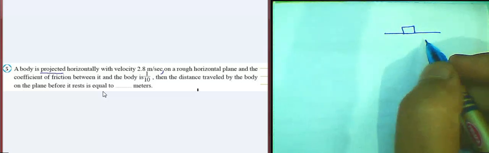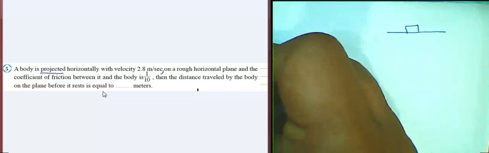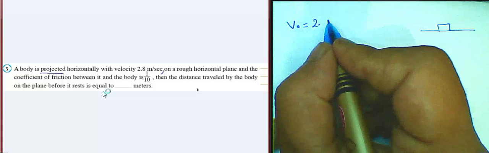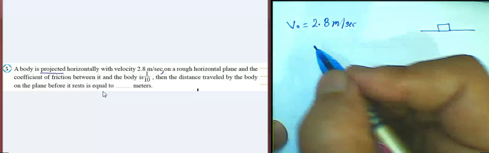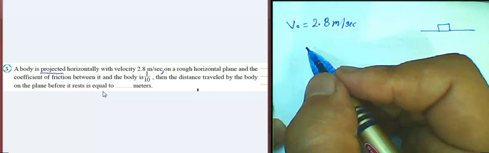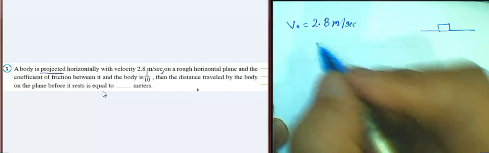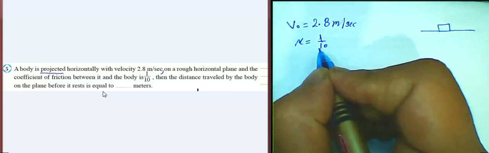Look at here, we have a body moving horizontally, and the velocity was v naught. The velocity was 2.8 meters per second. The coefficient of friction between it and the body equals 1 over 10, so mu equals 1 over 10 and is constant.